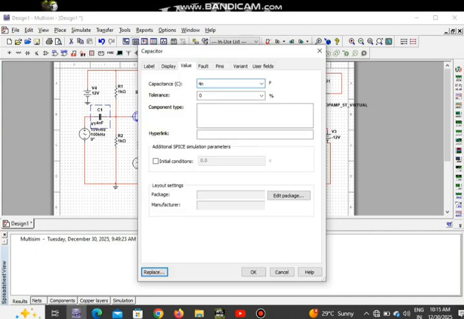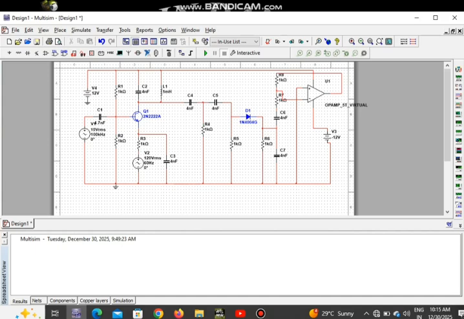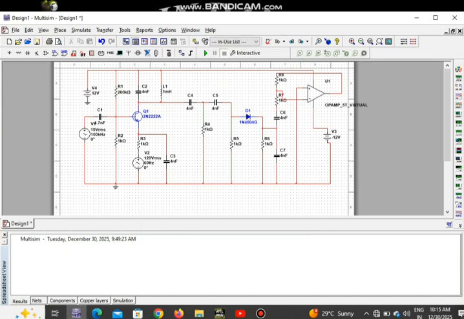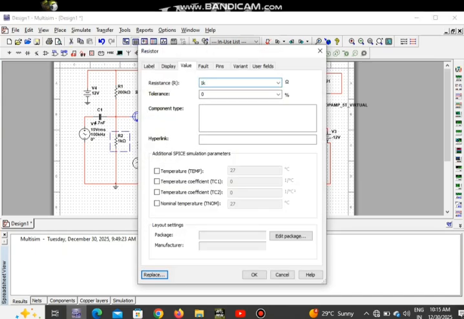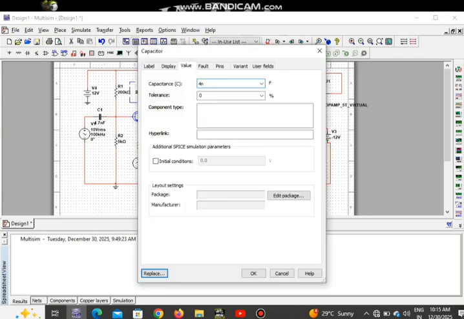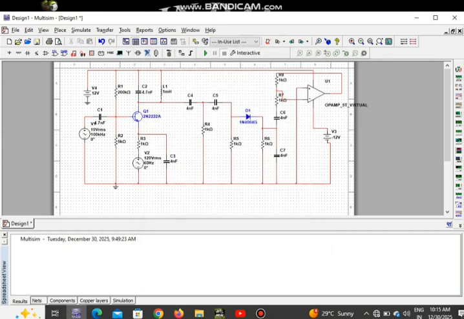Capacitor 1 value is 4.7 farad. Resistor value is 200 kilo ohm. R2 value is 5 kilo ohm. C2 is 4.7 nanofarad.